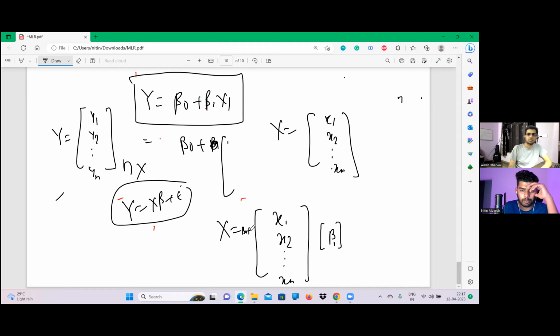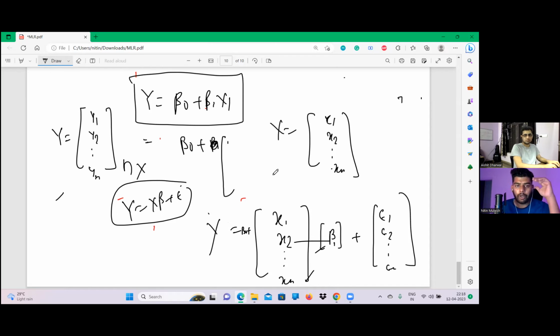I think I'm making some mistake, I'll write here: y is equal to beta naught plus beta 1 x1 plus beta 2 x2 up to beta n xn plus epsilon, let's say e1, e2 and so on. But we can also write it alternatively: here 1, 1, 1 and then x1, x2, up to xn, and we multiply by beta naught and beta 1.